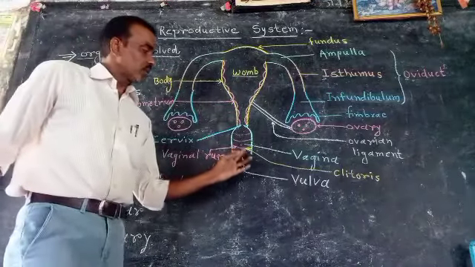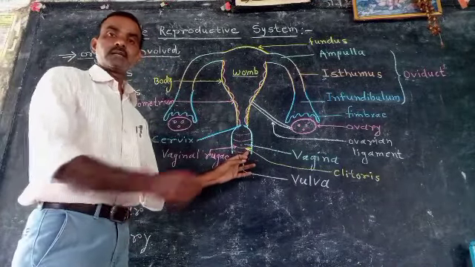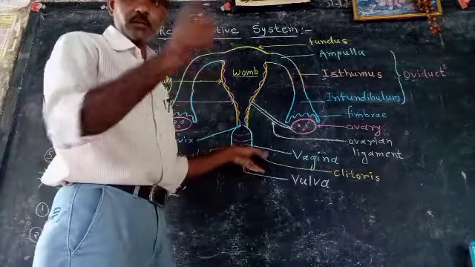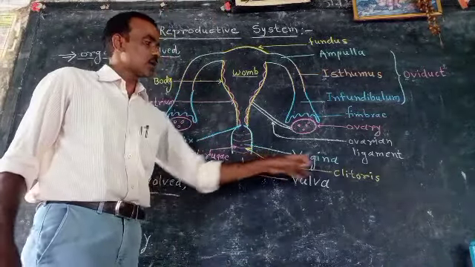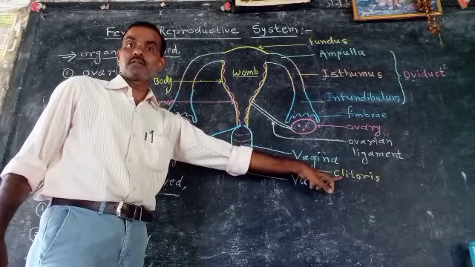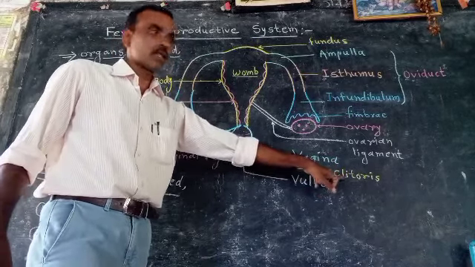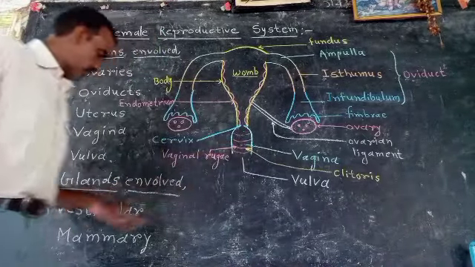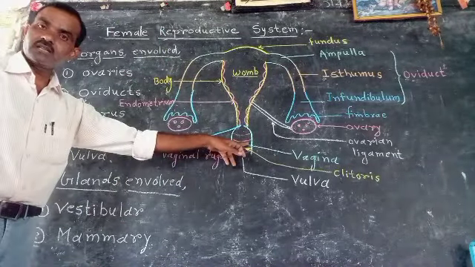At the opening of the vagina there is an erectile organ, just like the male penis, called the clitoris. It is also known as the pseudo penis, the false penis. Vestibular glands are present in the vaginal region.